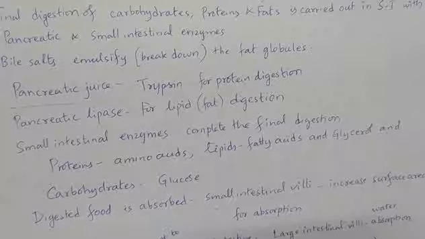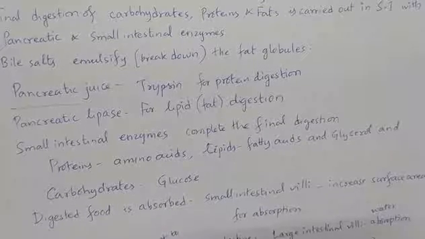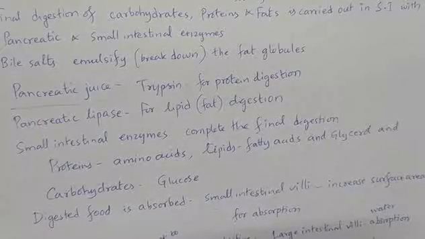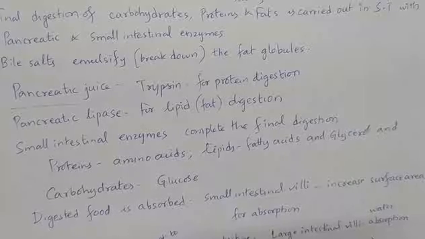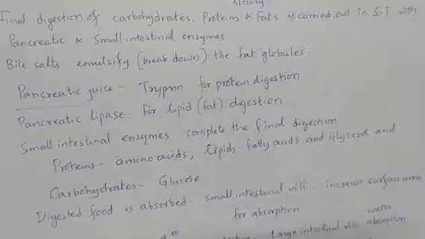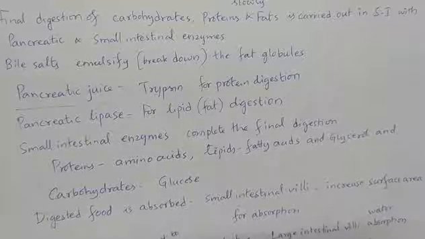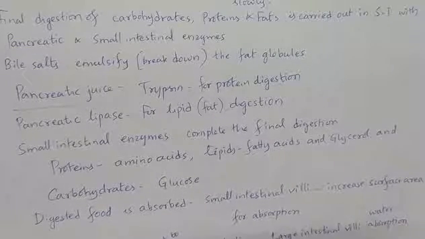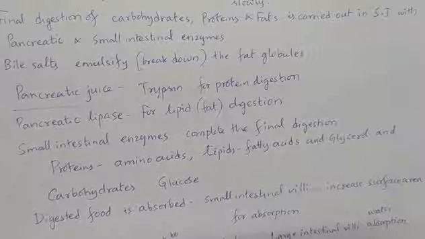That alkaline medium is provided by the bile juice that is released from the liver through the hepatopancreatic duct into the small intestine. The bile juice contains bile salts also.